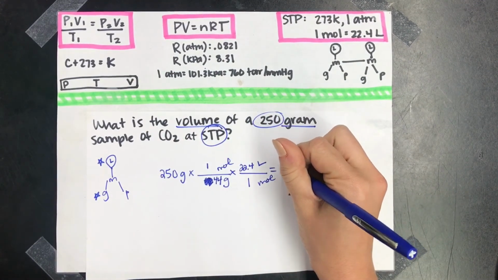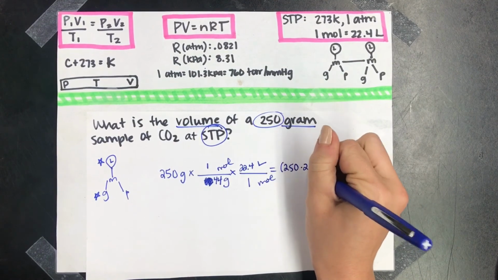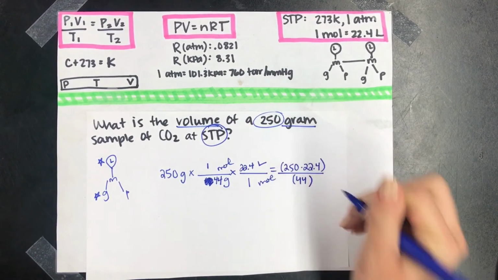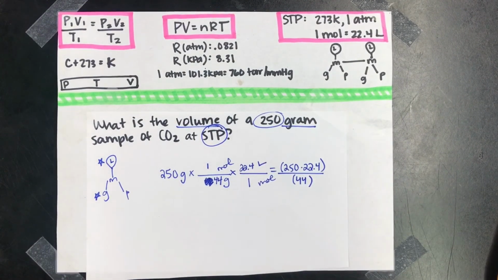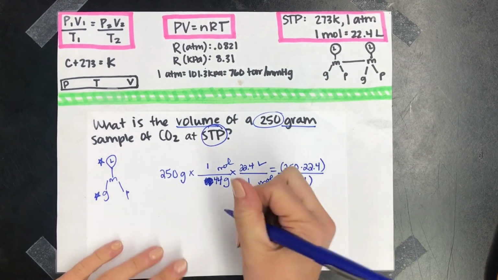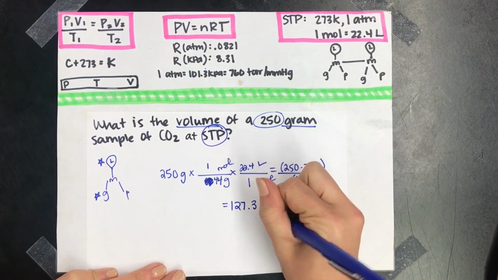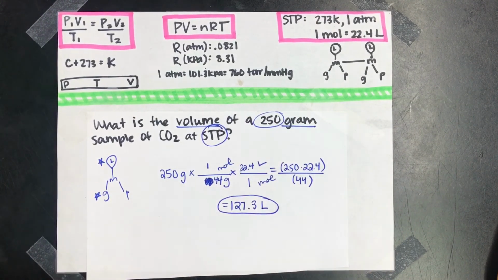Plug this into my calculator, so we're looking at 250 times 22.4 divided by 44. My final answer would be in liters.